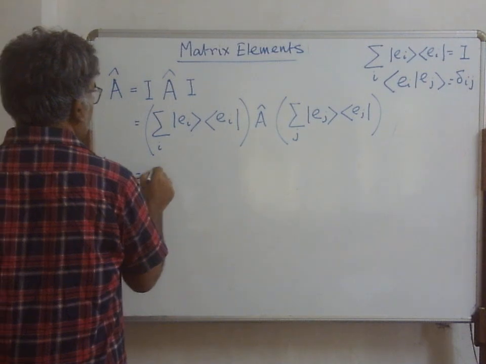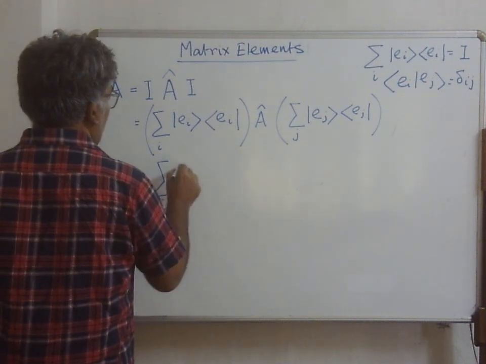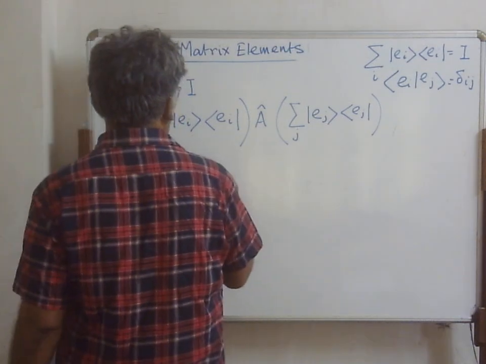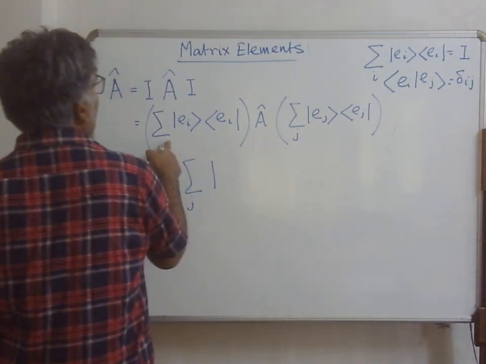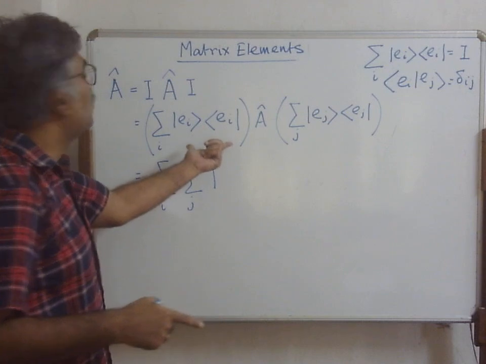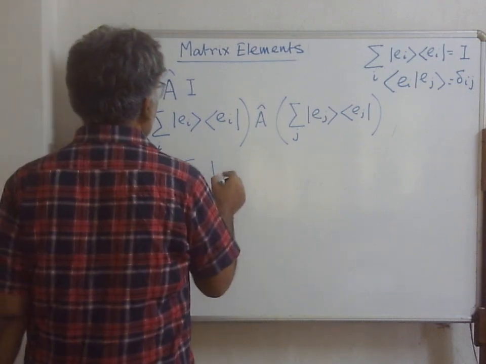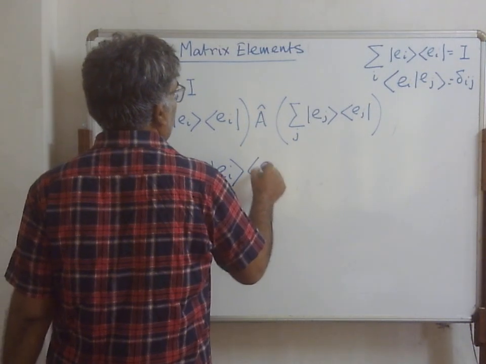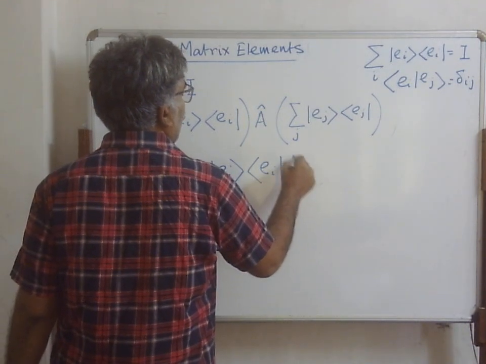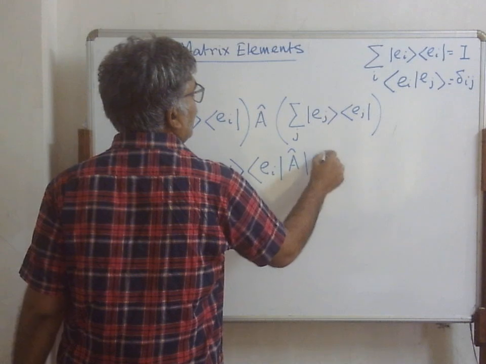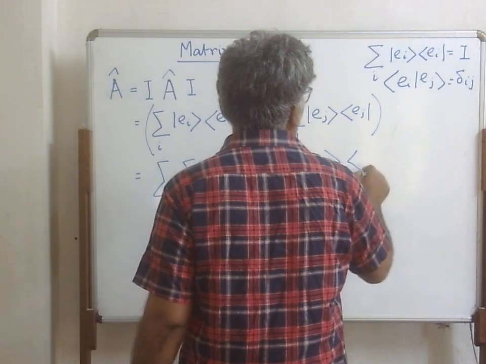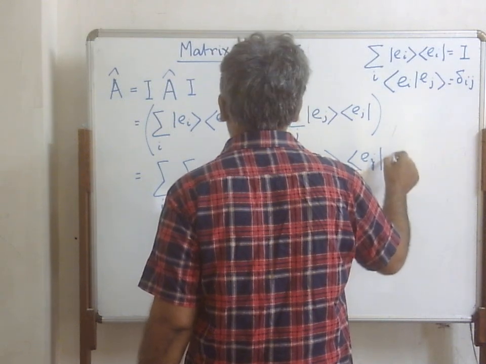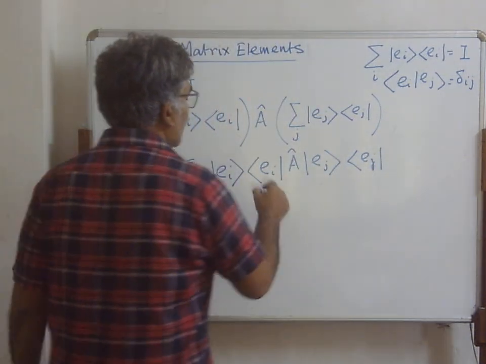Now if I expand this, it looks like this, sum over i, j. I can take this sum outside because this j has no involvement with i. So |e_i><e_i|A|e_j><e_j|. Now what is this part?